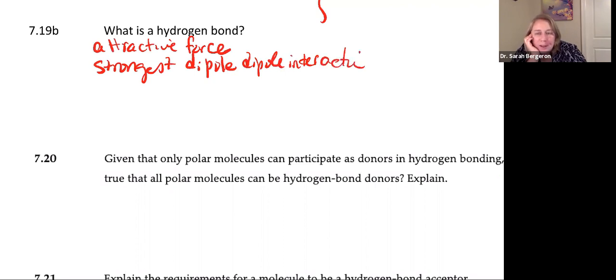Right? It's not a bond. We say hydrogen bonding, and I would just like to shake the person who named it hydrogen bonding, but it's just a dipole-dipole interaction.